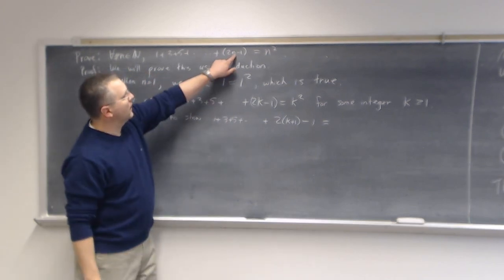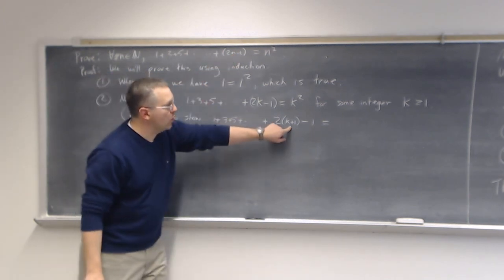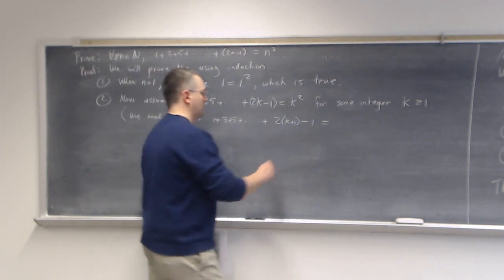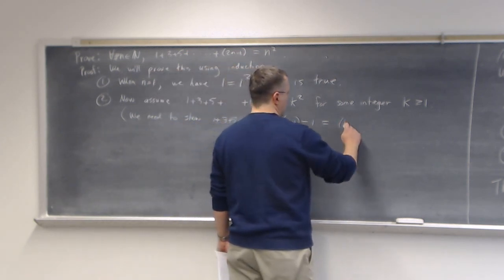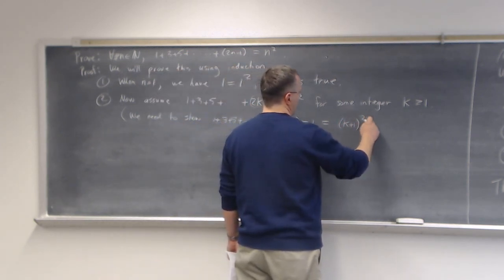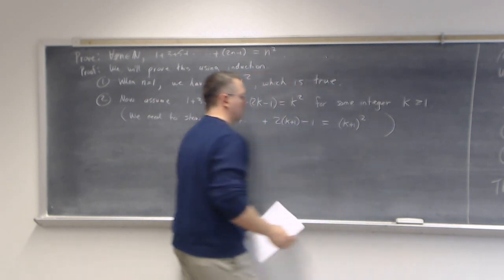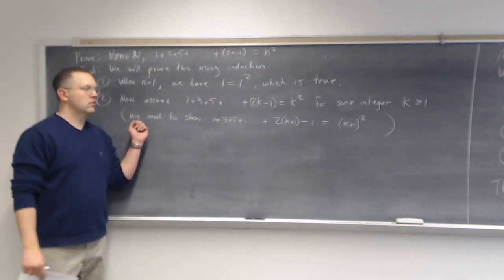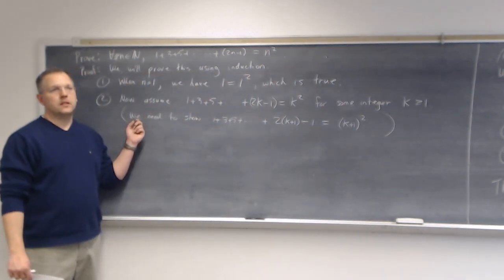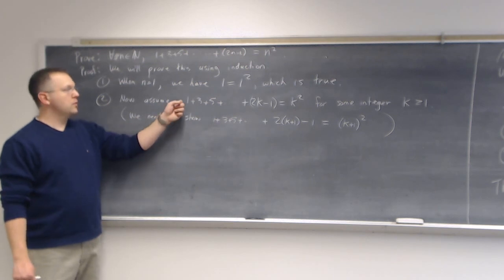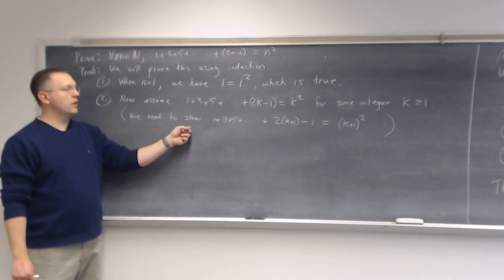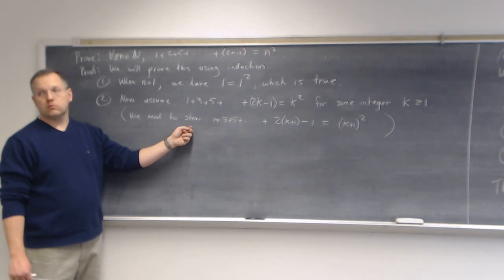Okay? So I take out n and replace it with k plus 1, and that has to equal k plus 1, the quantity squared. Okay? That's the inductive step. You assume it's true for k, show that it's true for k plus 1.